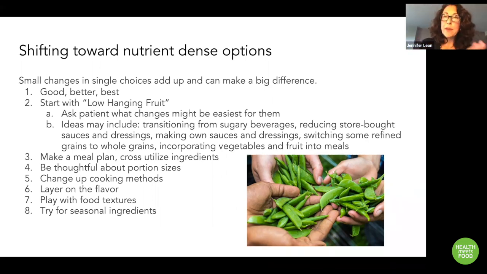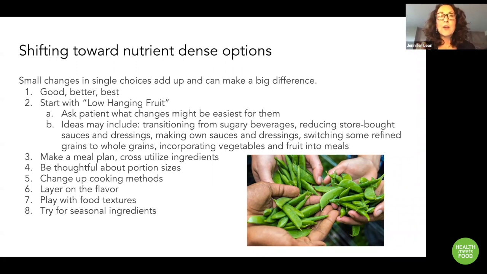Which is, if you have a patient with a standard American diet and is drinking soda and sweetened drinks all day long and eating a lot of ultra processed foods and takeout, are you going to present the totally cleaned up version of all of that and expect this patient to just make all these huge transitional changes all at once? That's not likely to leave your patient with success.